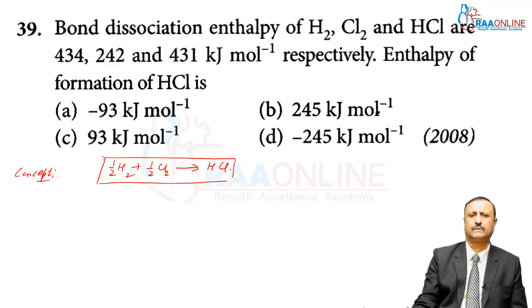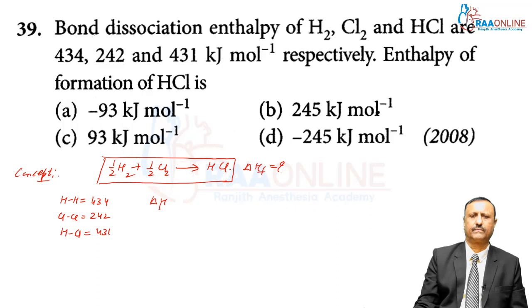And he wants the enthalpy of formation, and he gives the bond dissociation enthalpy of H2, Cl2 and HCl. My dear students, the bond enthalpy of H-H is 434, the bond enthalpy of Cl-Cl is 242, and the bond enthalpy of H-Cl is 431.